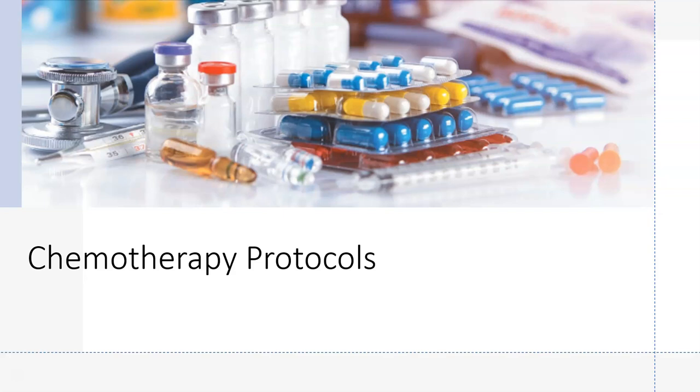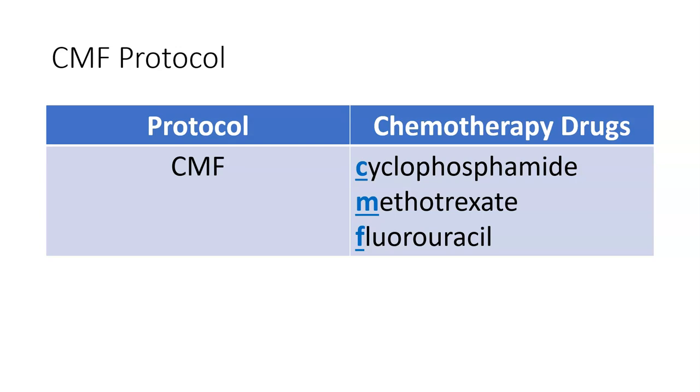Now, when creating treatment protocols, a chemotherapy protocol is usually a combination of agents, sometimes referred to as cocktail therapy, but it's kind of like the how-to directions of treating different types of cancer. So in your book, they gave the example of the CMF protocol.